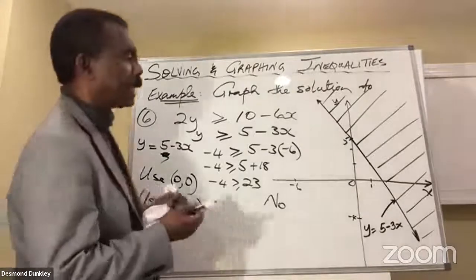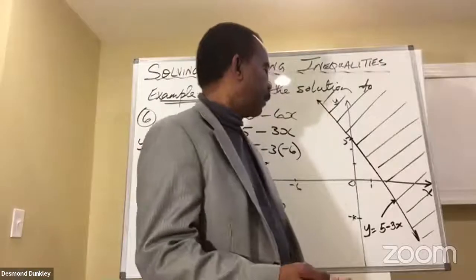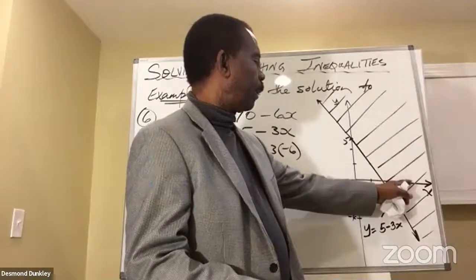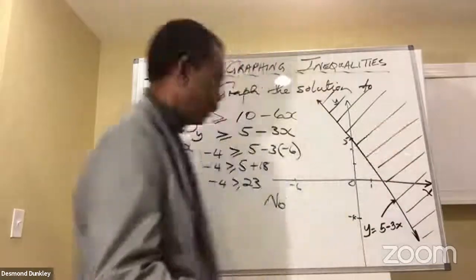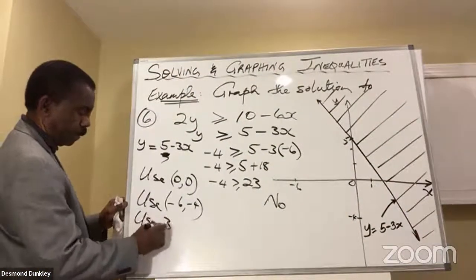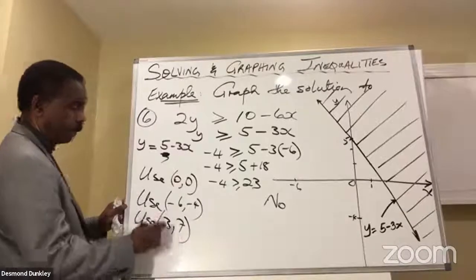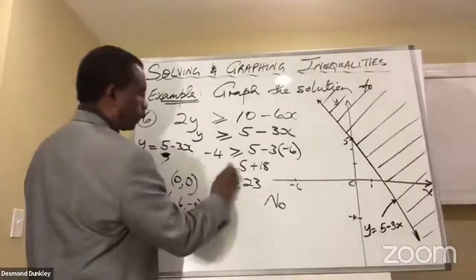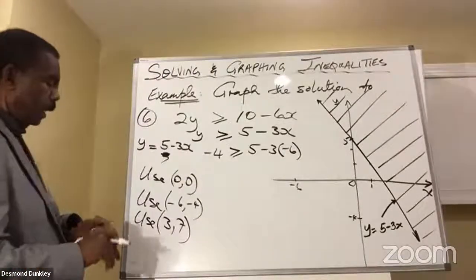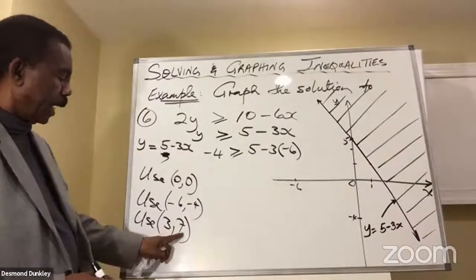Let's try something that's in the shaded region. So how about, let's use the point 3, 7. So x is 3, y is 7.